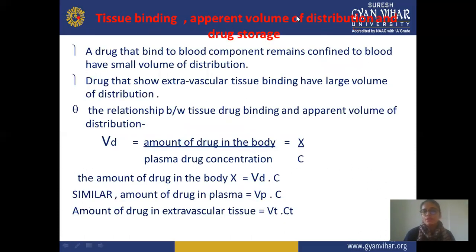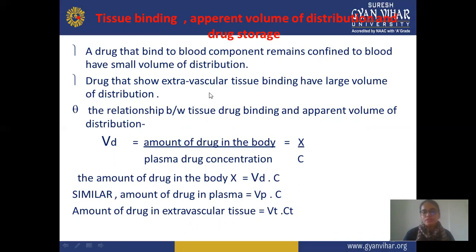Next is tissue binding, apparent volume of distribution, and drug storage. How do we calculate the apparent volume of distribution and how does tissue binding take place? A drug that binds to blood components and remains confined to blood has a small volume of distribution. A drug that shows extravascular tissue binding has a large volume of distribution.